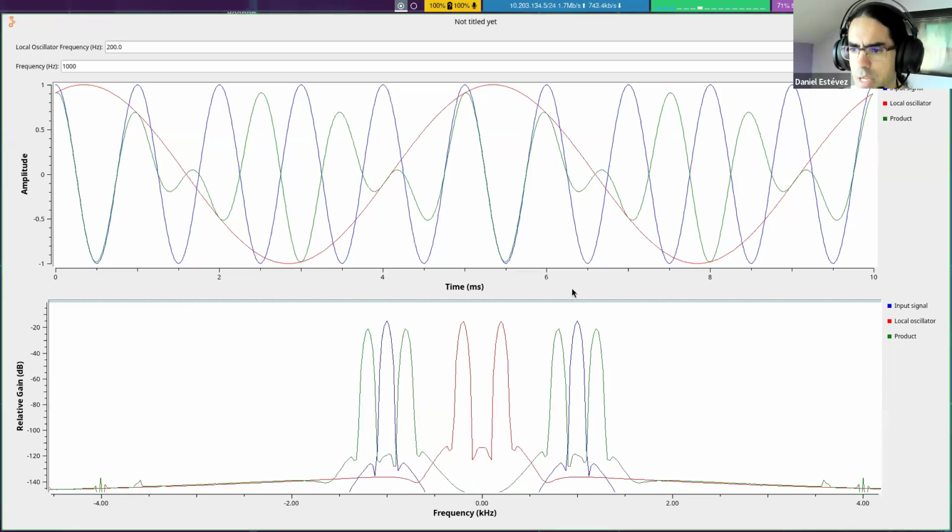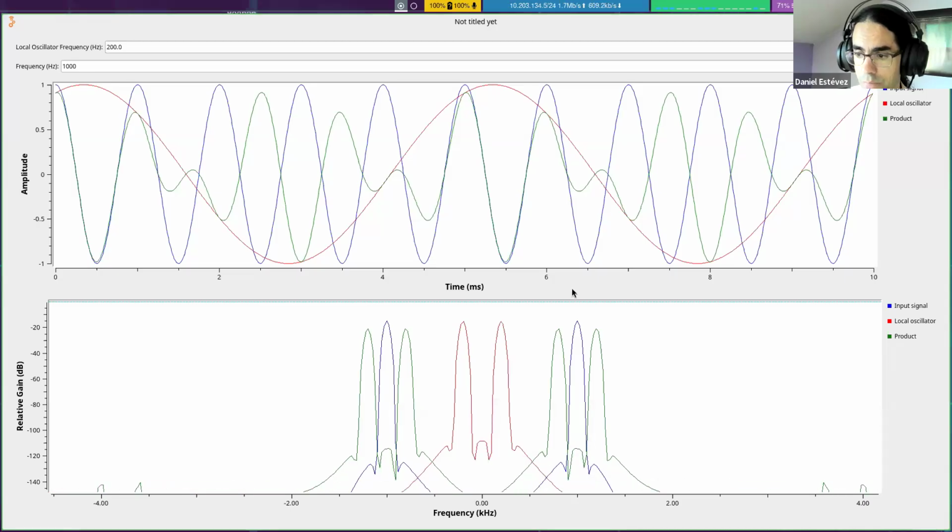And the reason for this is, well, there is a maths formula about trigonometric identities. If you happen to remember any of that, the product of two cosines is equal to the sum of, I don't remember if they are cosines or sines or anyway, sinusoids of the sum of frequencies, and the other one is the difference of frequencies.